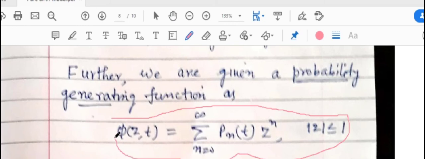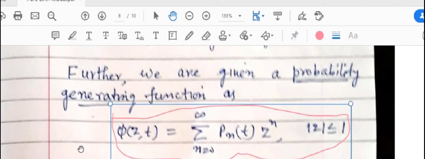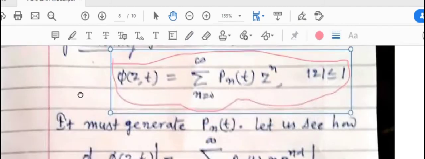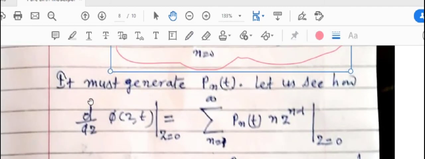How are we going to analyze? We are going to analyze this part. As you look here, I shared this knowledge: since this is a probability generating function, since its name is a probability generating function, it must generate Pn(t), or probability.